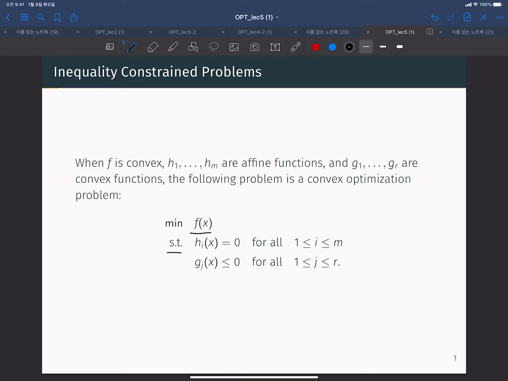We assume that h1 through hm are affine functions, and g1 through gr are convex functions.